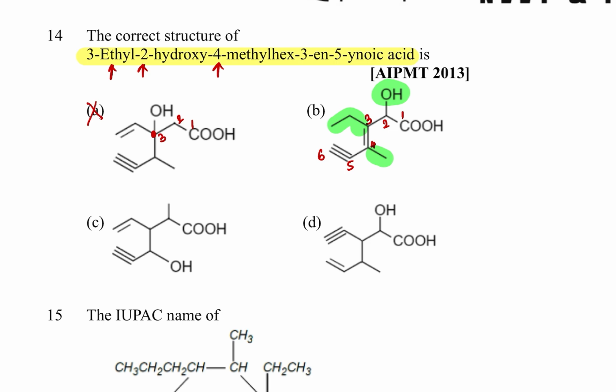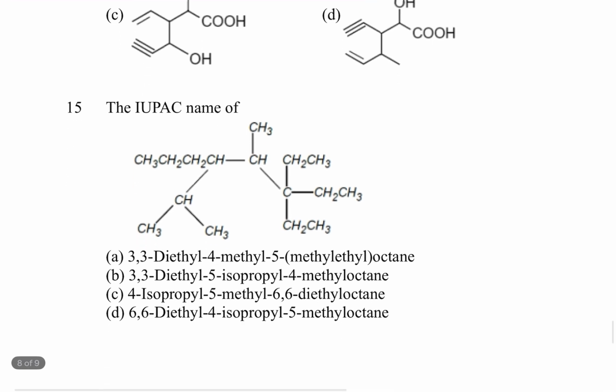So hex, obviously 6. At the third position, we have ene. Yes, double bond is present at the third position. At 5 position, we have a triple bond, oic acid because of the functional group present. So B is the correct answer for 14. If the name is big, no need to worry. We'll keep on matching with the options given to us. Whichever option matches, that will be the answer.